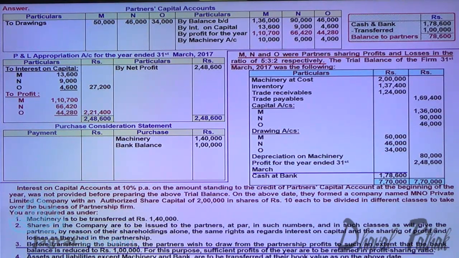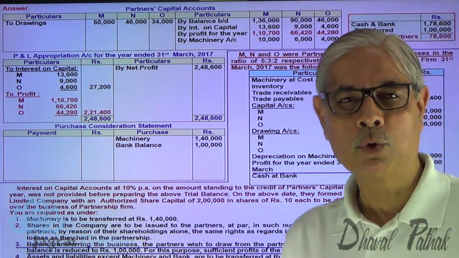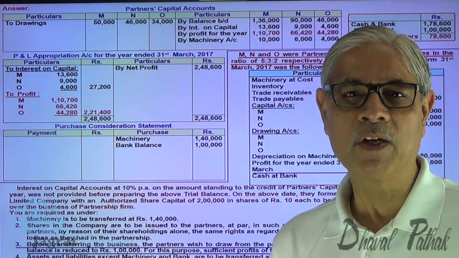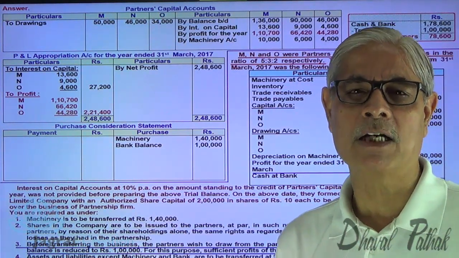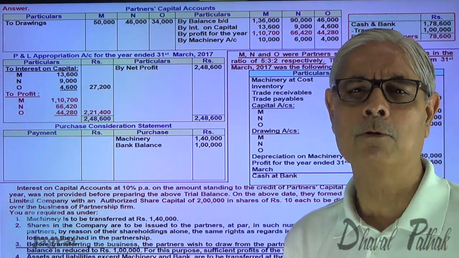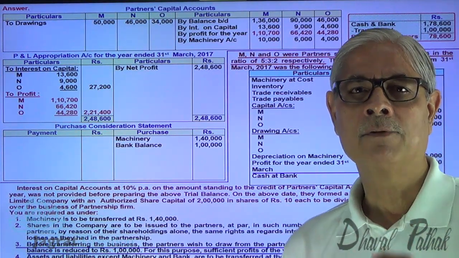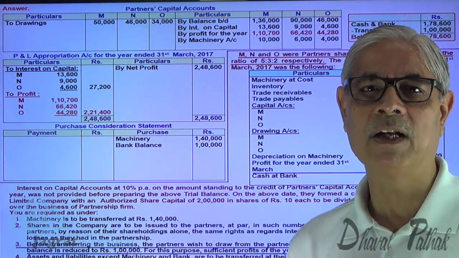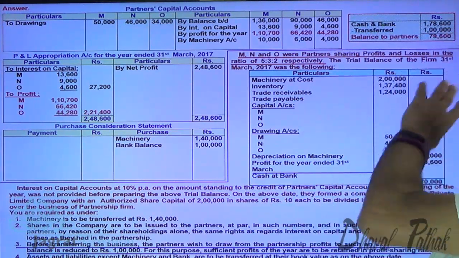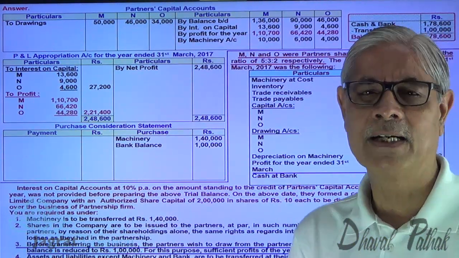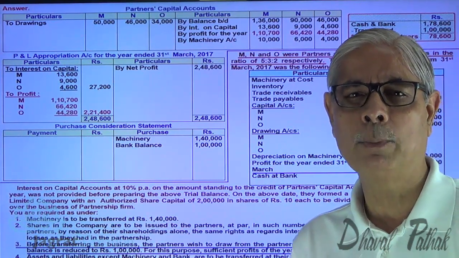So 78,600 cash balance will be distributed to the partners, as we usually do in case of dissolution of a partnership firm. When we close the capital accounts of the partners and the balance in capital account is paid to the partners, at that time the payment will occur to the partners to the extent of 78,600.